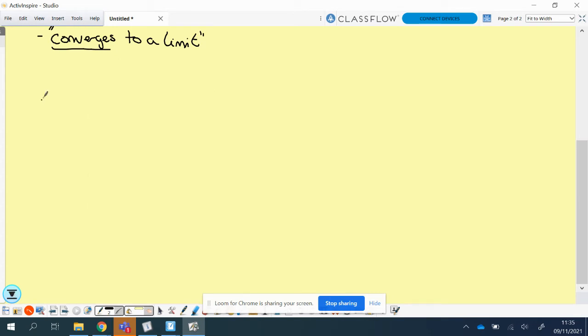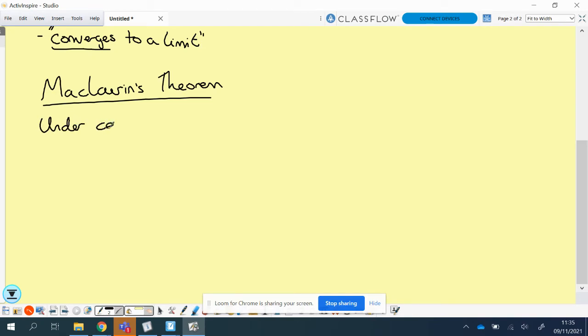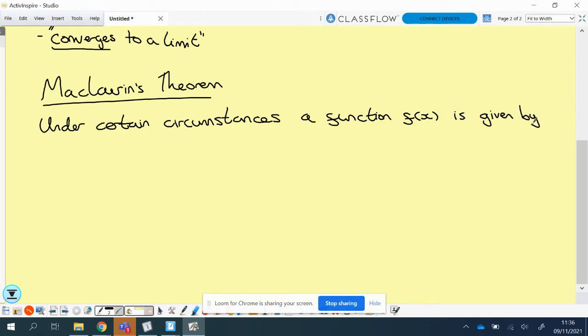So Maclaurin's theorem says that under certain circumstances, a function f of x is given by, what we can do is write this single function as a power series.